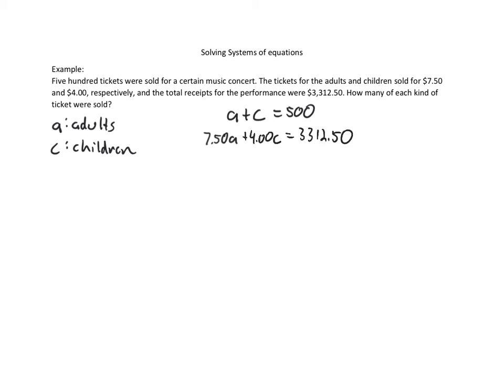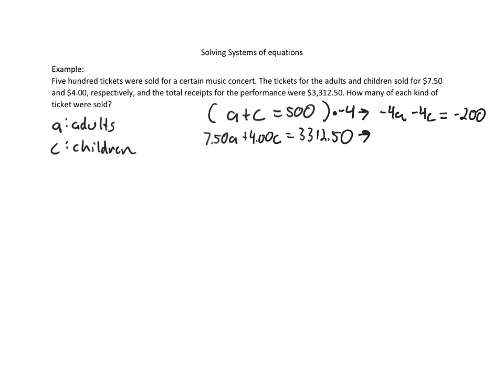The easiest thing to do would be to eliminate one of these variables so that we can solve this system. I would say, to me, it looks easier to eliminate this C variable because all I would need to do to eliminate the C variable is multiply the top line by negative 4. So if I multiply the top line by negative 4, I get negative 4A minus 4C equals negative 2,000.